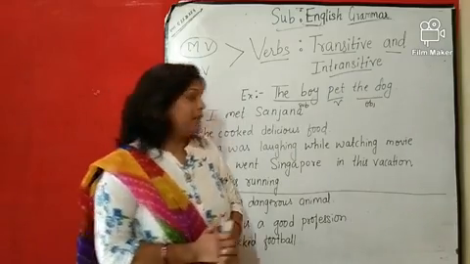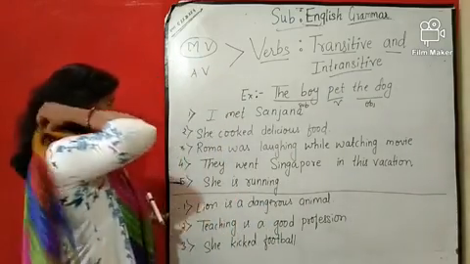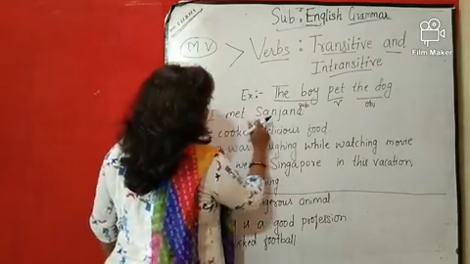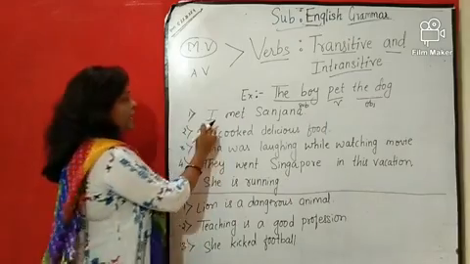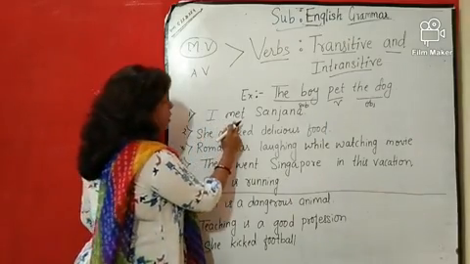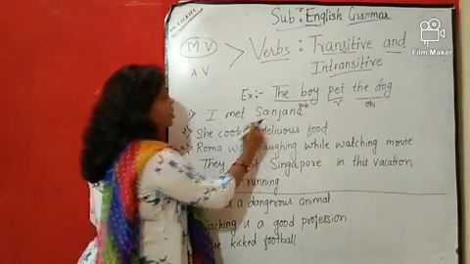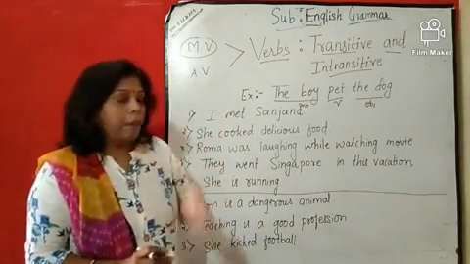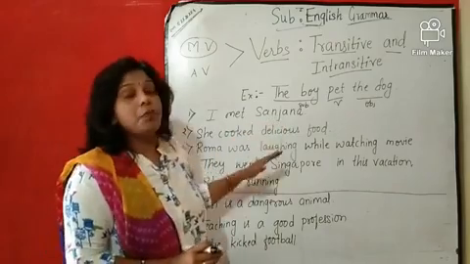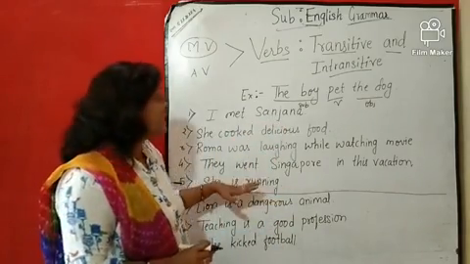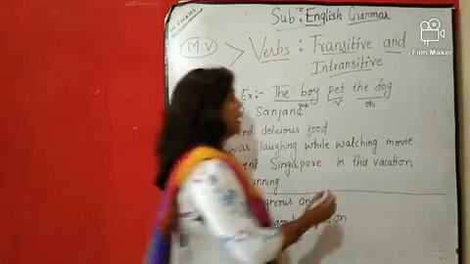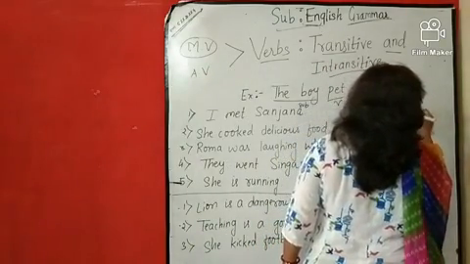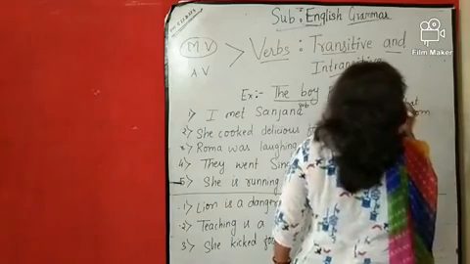Let's see some examples. The first one, I met Sanjana. In this sentence, I is the subject, met is the verb and Sanjana is the object. Now, to determine the object in a sentence, we have to ask the questions what and whom.